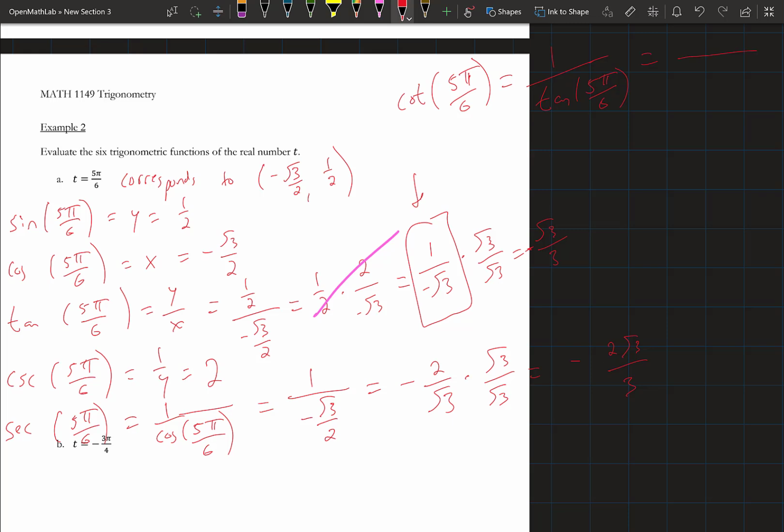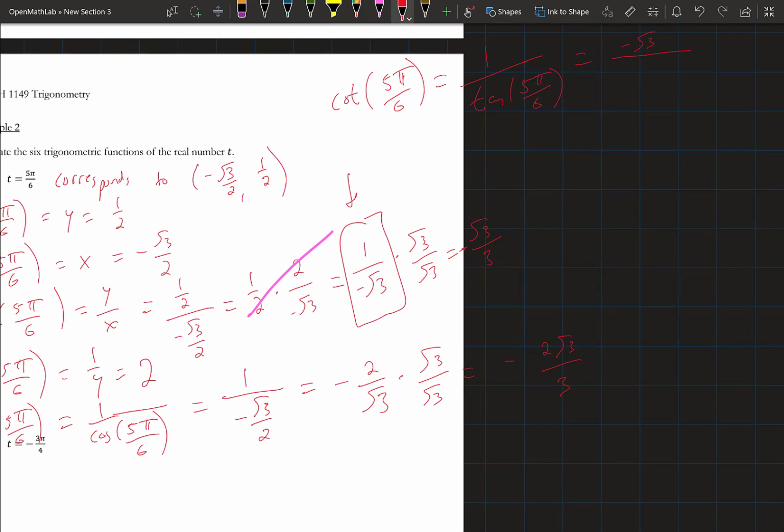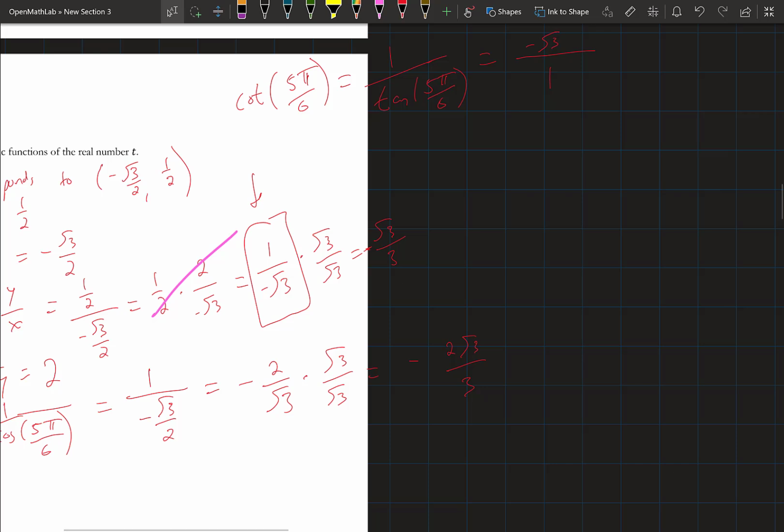If we flip that, the nice thing about it is it's easy to reduce. We don't have to rationalize the denominator. So this would give me just negative radical 3. So there's all of those.